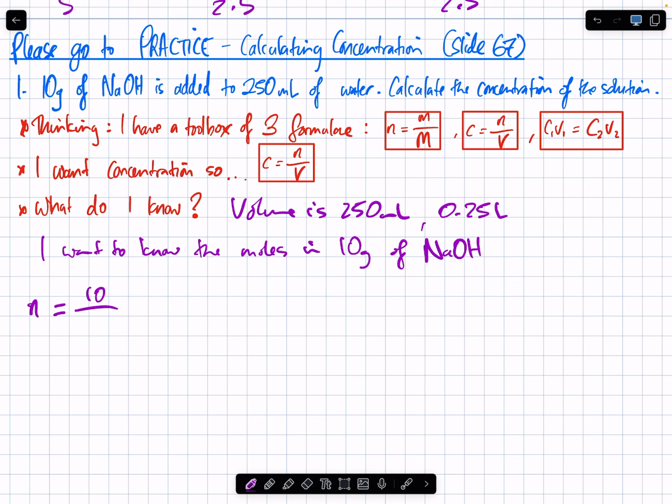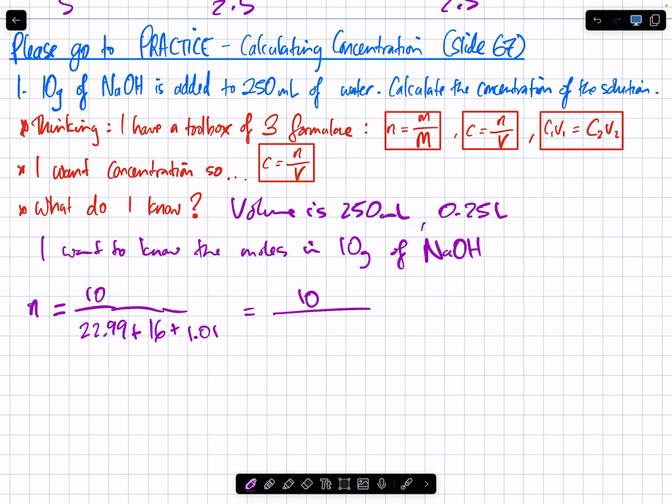Can you work it out for me? Someone over there, can you work out what H is? Someone over here, what is sodium? 22.99 plus. Someone else find oxygen for me? 16. What's hydrogen? 1.008. Let's just make that 1.01.